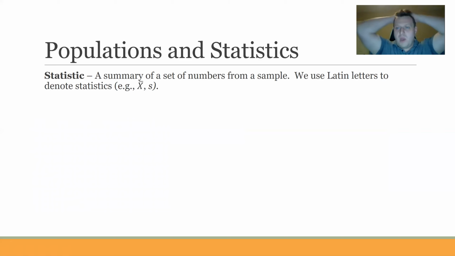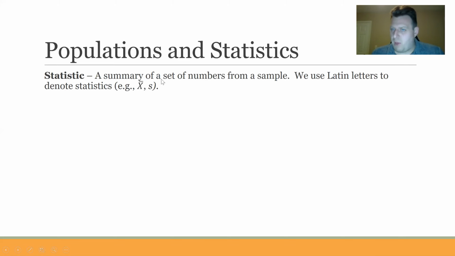All right, when we calculate a summary of some characteristics of a sample, we call that a statistic. We are going to use Latin letters, which are the letters that we use typically, A through Z, to denote a statistic. So if ever you see a little s, this is the sample standard deviation, the standard deviation of our sample.